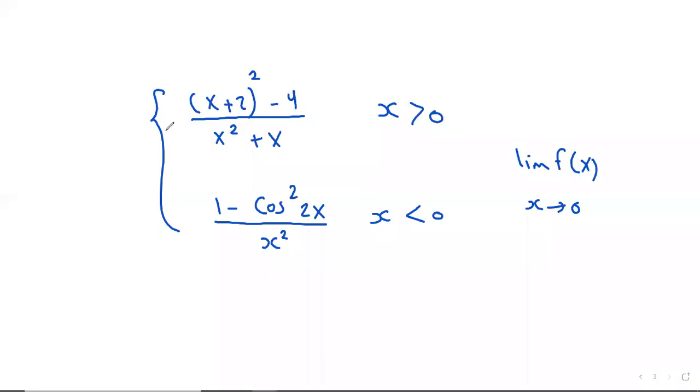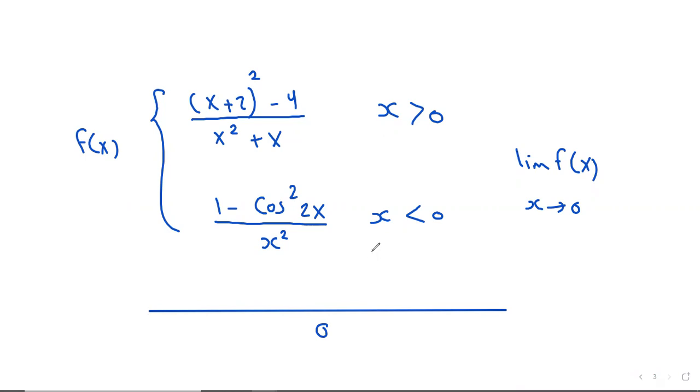Here, for example, I have f of x defined as x plus 2 to the power of 2 minus 4 over x squared plus x, if x is greater than 0. So we have 0 here.